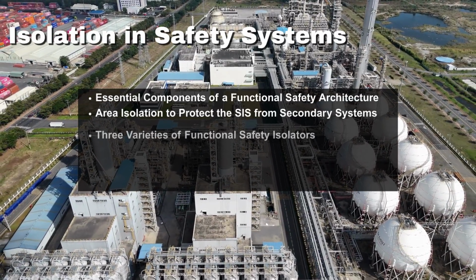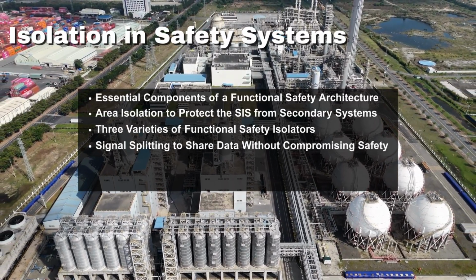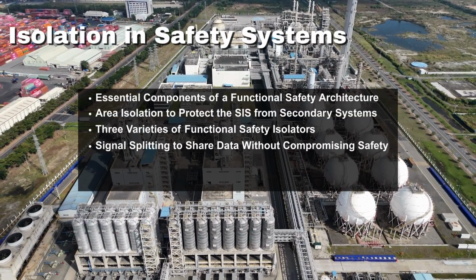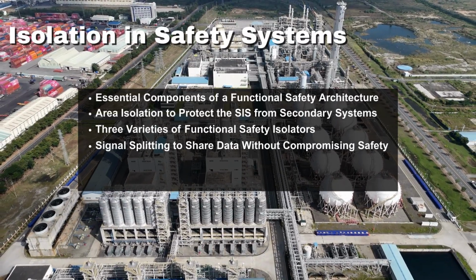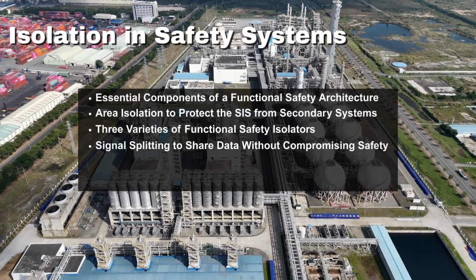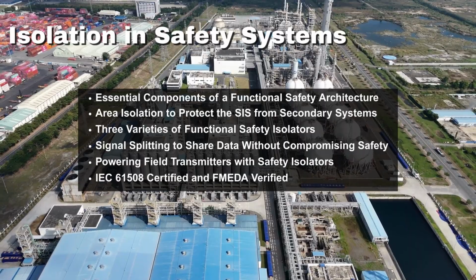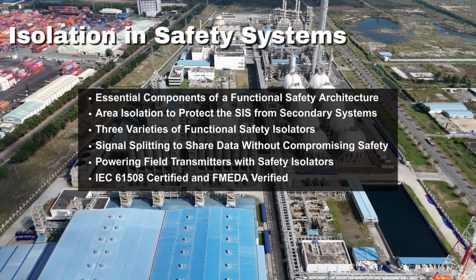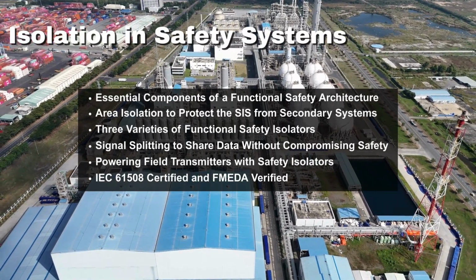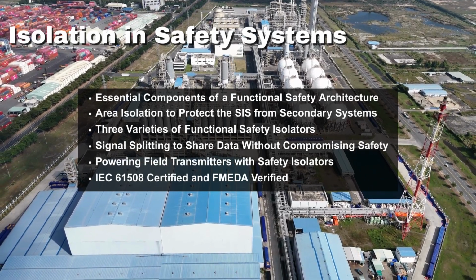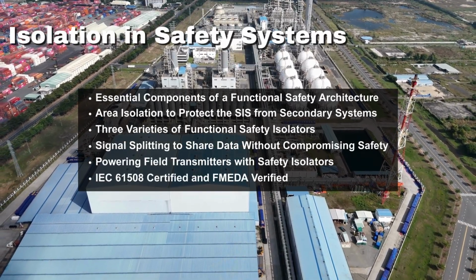We then covered the 3 varieties of functional safety isolators and how safety splitters allow the same process signal to be safely shared with non-SIS systems without compromising the safety loop. Finally, we explored how functional safety isolators can power two-wire field transmitters directly, simplifying wiring and reducing hardware while preserving the safety function. These capabilities make functional safety isolators an essential component of any well-designed safety architecture.